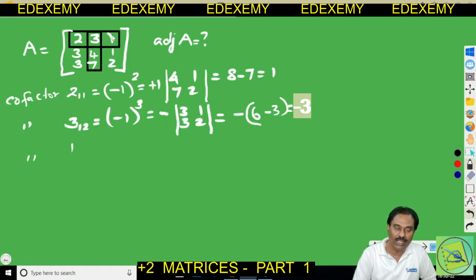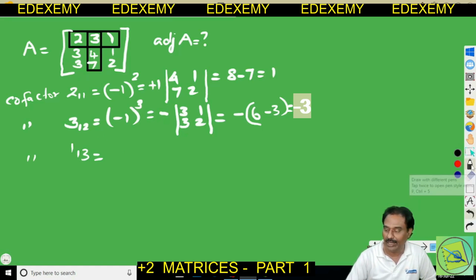Similarly, we will find the cofactor of this 1. It is in the first row, third column. Then it is minus 1 of, it is in the first row and third column.